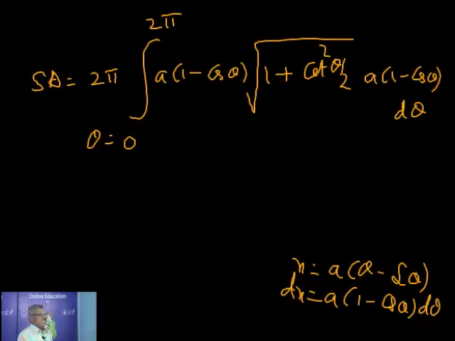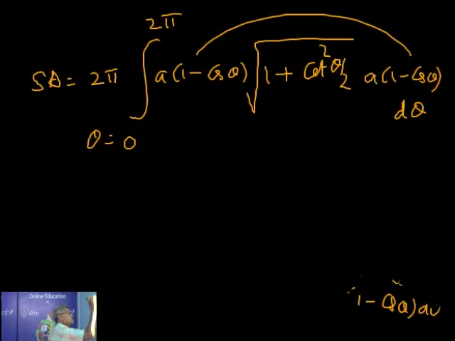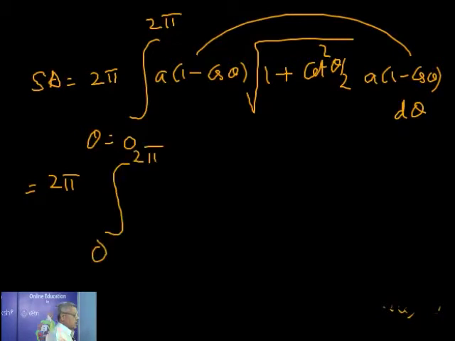We have to integrate in a systematic way. These two can be grouped. Now, 2 pi, 0 to 2 pi, a square, 1 minus cos theta whole square, because there are two factors of 1 minus cos theta.